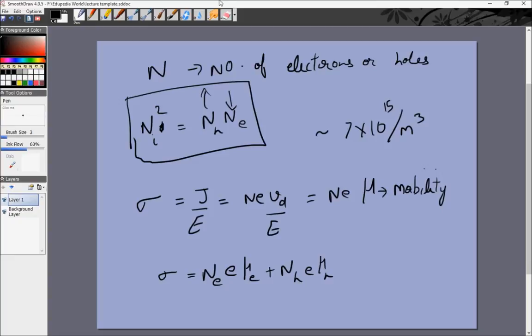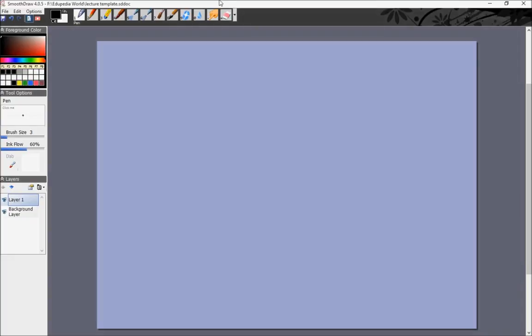Also, for a second, let's look at the temperature dependence of conductivity. As T increases, the average energy exchange in these collisions increases, and so the number of electron hole pairs increases. Or another way of saying that would be more electron hole pairs are created.